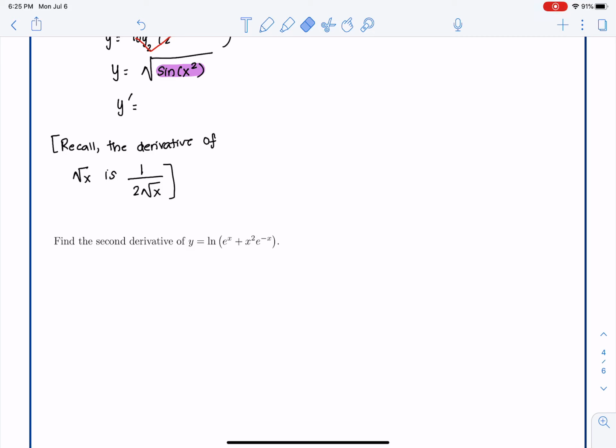If that is the case, I would have 1 over 2 square root of sine x squared, but we simply don't have x, rather we have sine x squared, so we have to multiply it by the derivative of sine x squared.